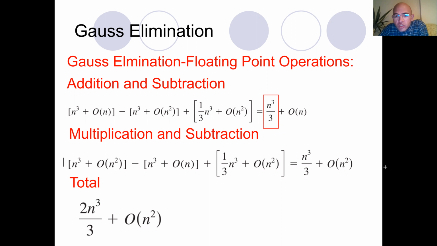And in case of multiplication, again, you have n cubed divided by 3 multiplication and division operations, and in total, this is critical, in the Gauss elimination method, you do 2n cubed divided by 3 floating point operations.